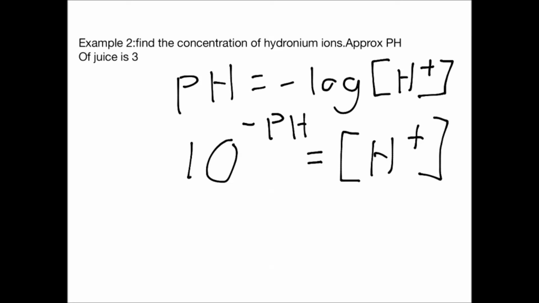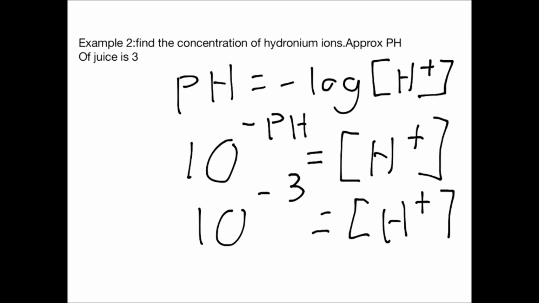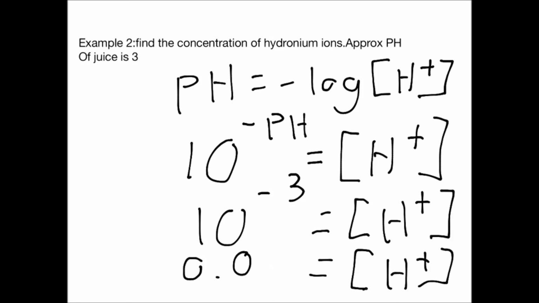As the question gives, the pH value is 3. So we substitute the value inside pH, which gives us 10 to the power of negative 3 equals H+. Therefore, H+ will be equal to 0.001.